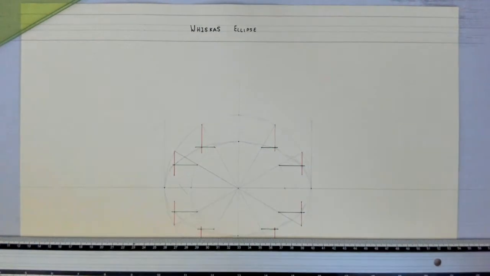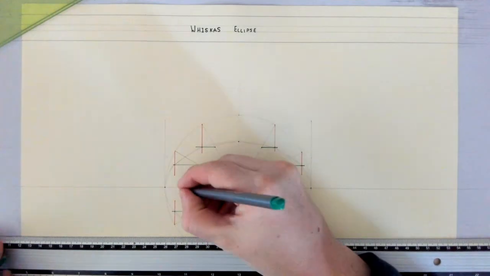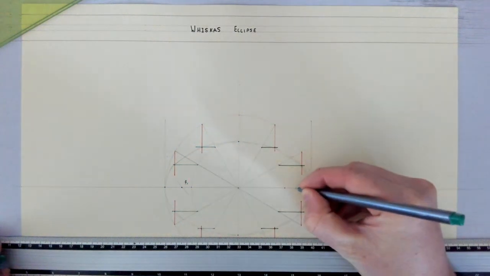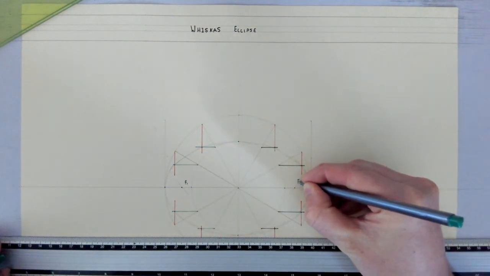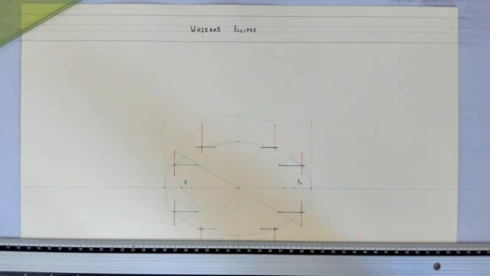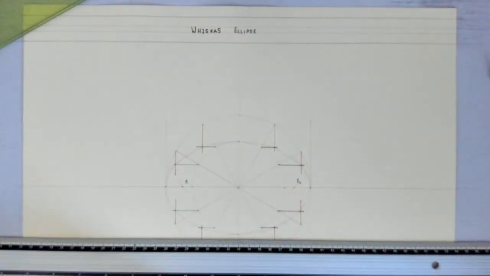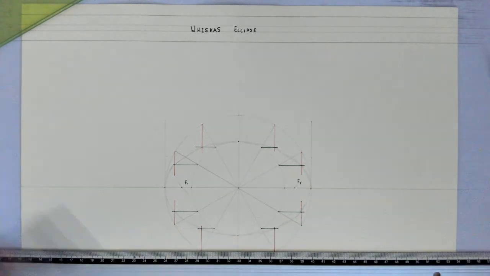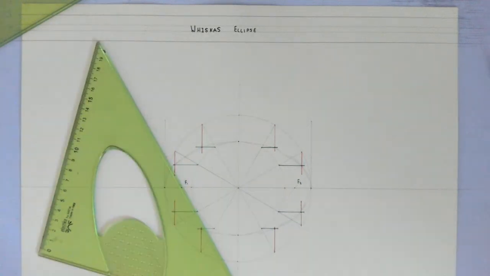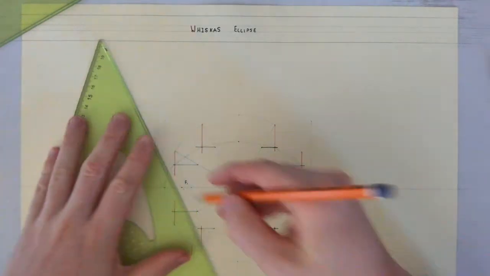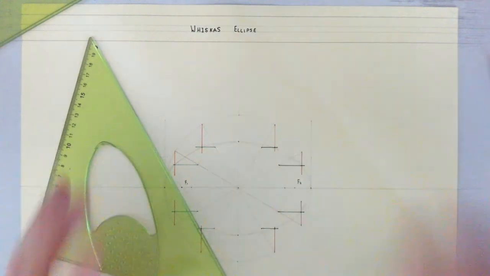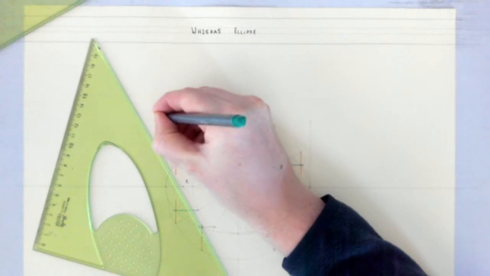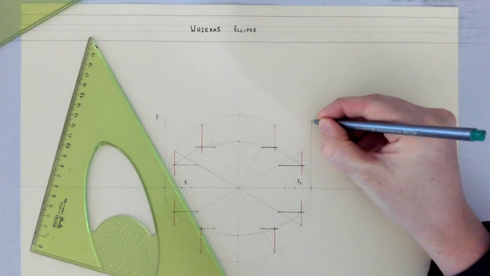That's going to get me F1 and F2. And we have our point P and Q as well. So this is P and this is Q.